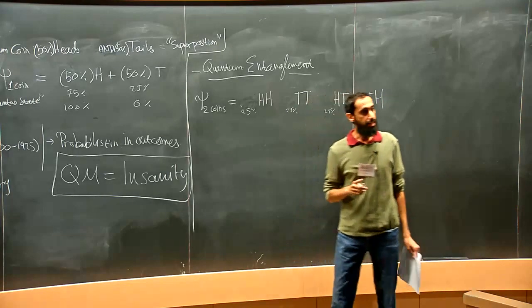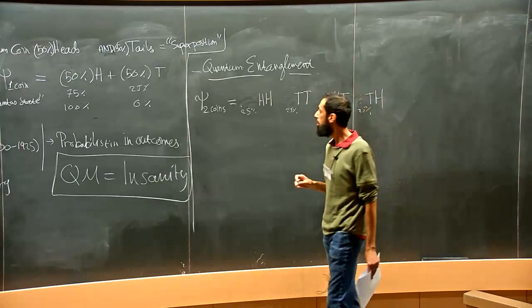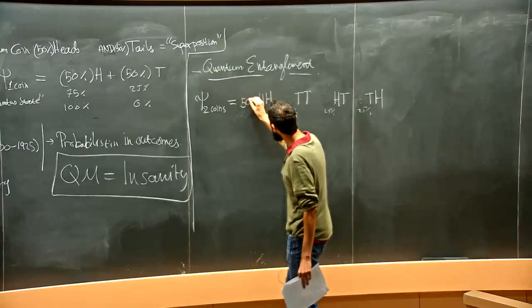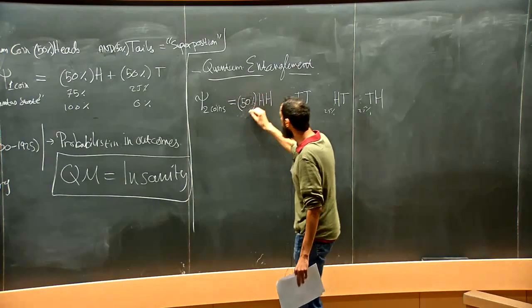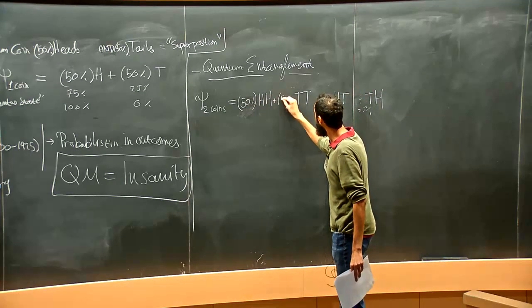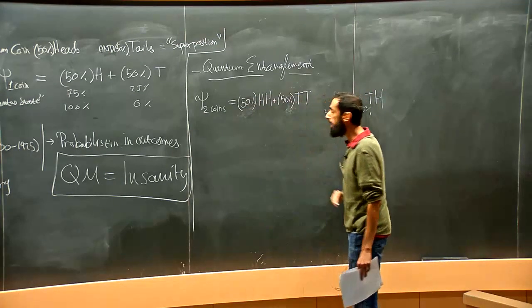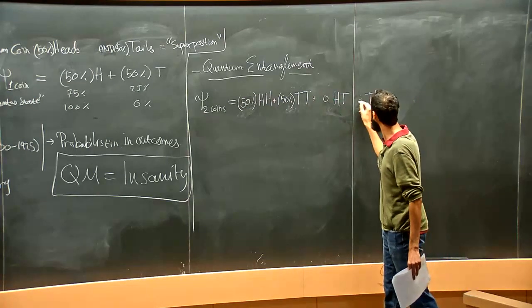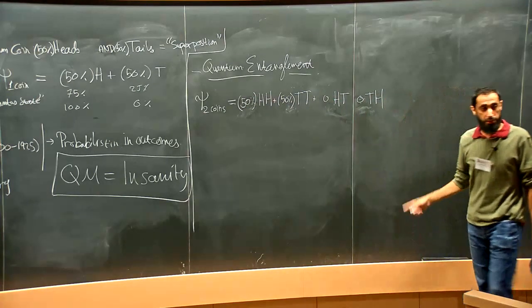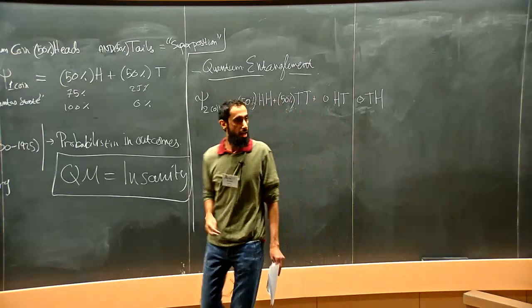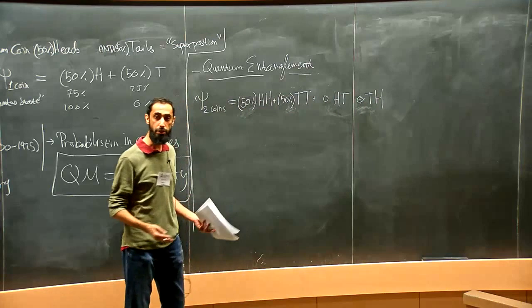But the interesting case that they noticed was, what would happen if I consider 50% for heads and heads plus 50% for tails and tails, and then 0 for everything else? This is really weird. This says that the two coins always agree in their results.